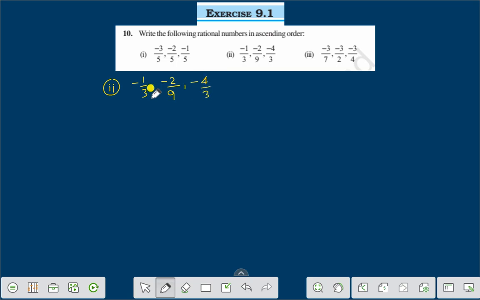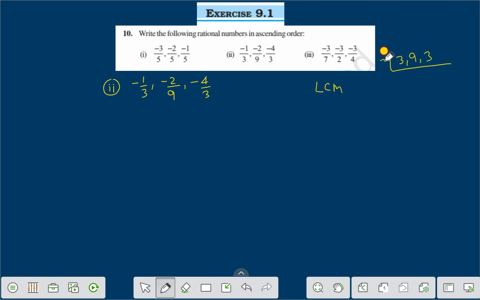Here you see all the denominators are different. That means you have to make the denominators same, right? That means you have to find the LCM of these three numbers, right? That means we are getting 3, 9, 3.